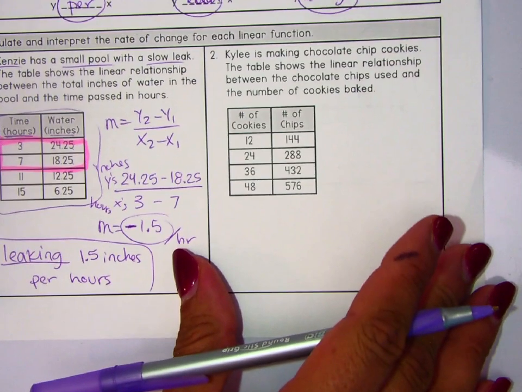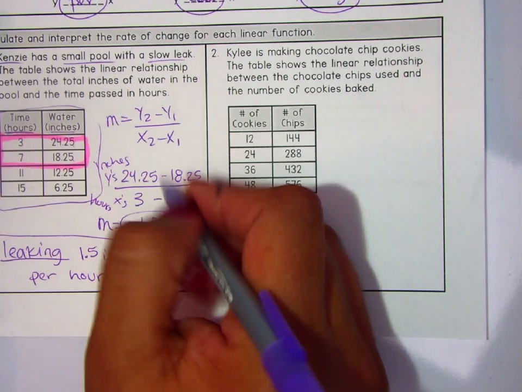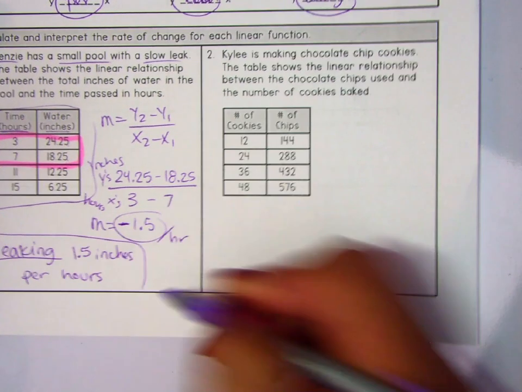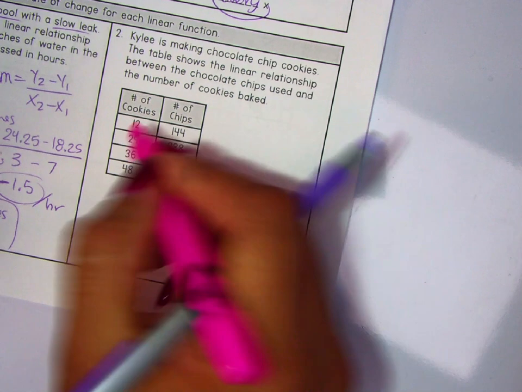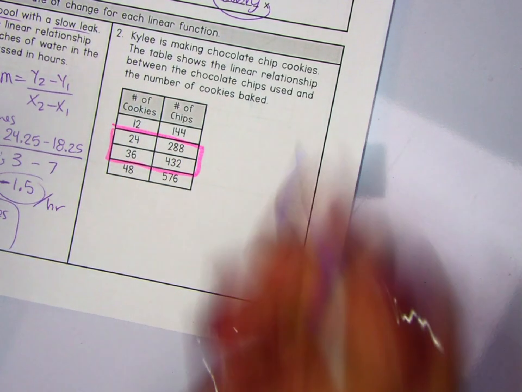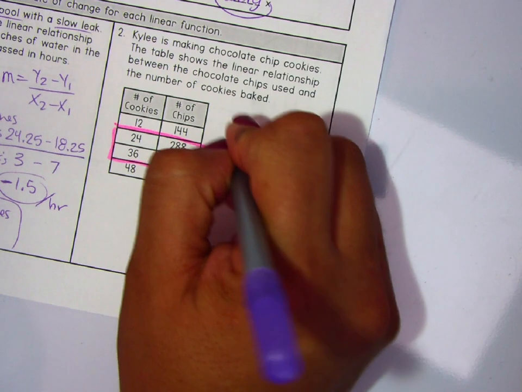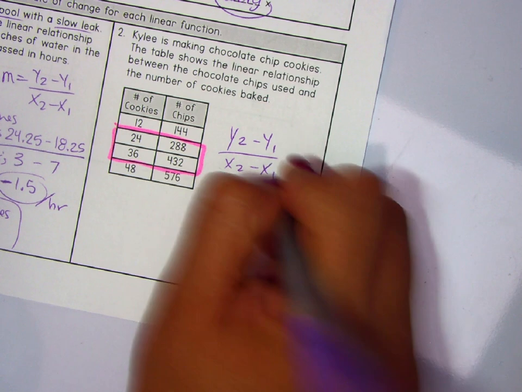So when we find rate of change on a table, you just have to find the slope. From the slope, you interpret what that means in terms of the situation. Let's do another example of a table just real quick. Pick another set of 2 points. We're finding the rate of change, so we're going to do the slope formula, y2 minus y1 over x2 minus x1.